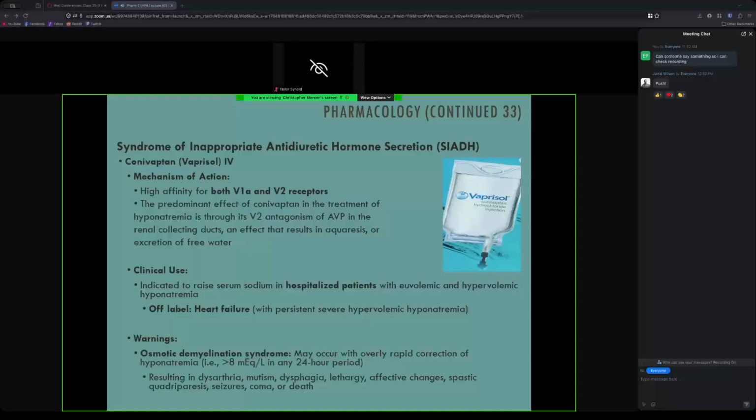That's your symptoms associated with the osmotic demyelination syndrome. It can be severe and it can result in death. So remember that overcorrection, or too rapid correction using the vaptans, anything greater than 8 milliequivalents per liter in a 24-hour period, you have that risk of the osmotic demyelination syndrome. Definitely be familiar with it.